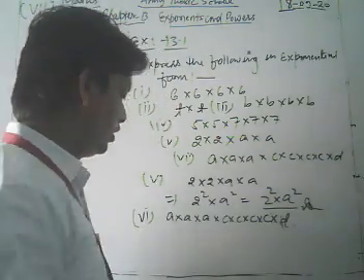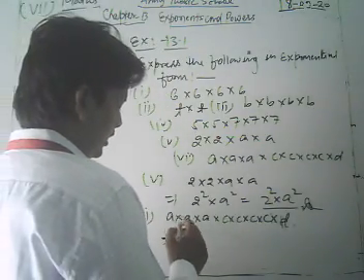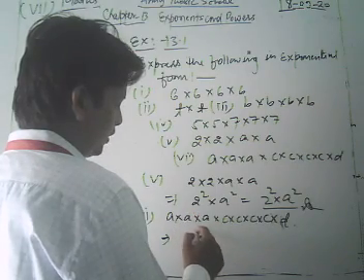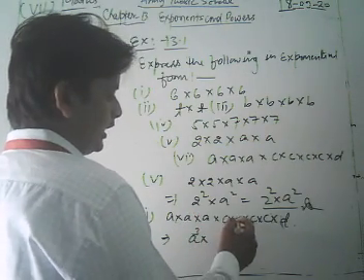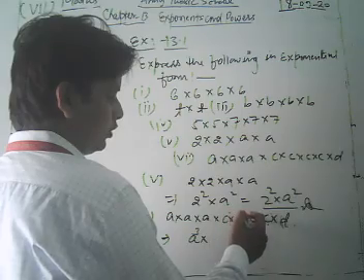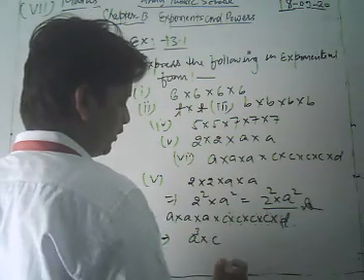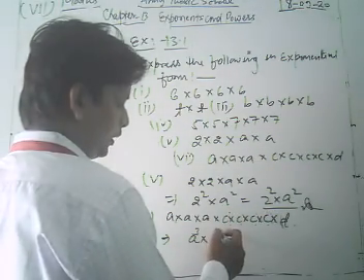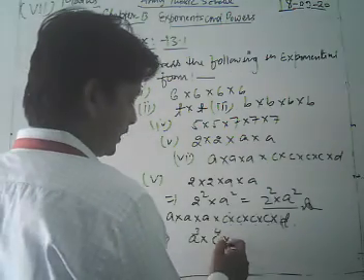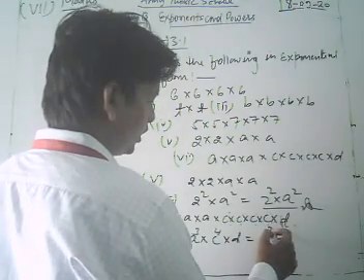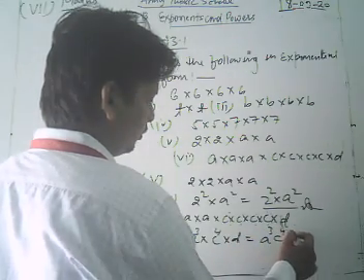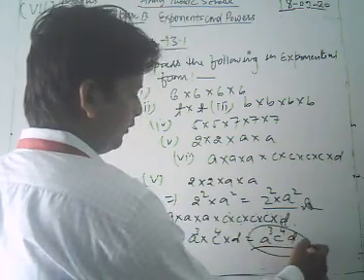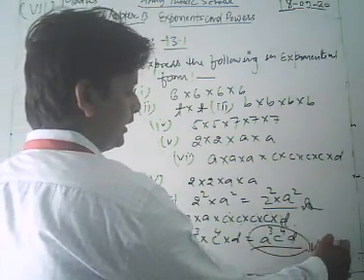So we write a to the power 3. Adding all the powers of c, 1 2 3 4, we get c to the power 4. Now multiplied by d, we get a to the power 3 c to the power 4 into d. So this is the exponent form of that number. So this is another answer.